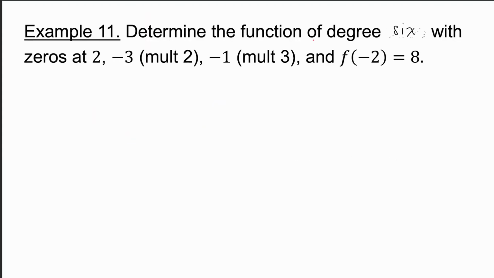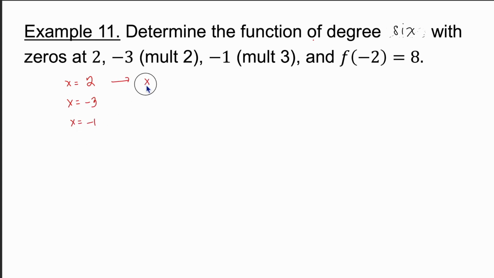So for the next example, let's determine the function of degree 6 with zeros at 2, negative 3 with multiplicity 2, negative 1 with multiplicity 3, and f of negative 2 equals 8. Okay, so ilagay muna natin yung mga zeros natin. X equals 2, x equals negative 3, and x equals negative 1.